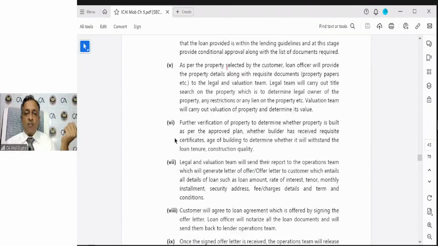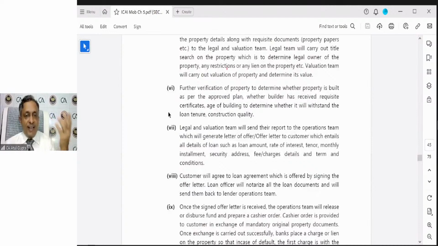Then further verification of the property to determine whether the property is built as per approved plan, the builder has received requisite certificates, and the age of the building, that is from experts. Again, you take help of experts for these technical validations. The legal and valuation team will send their report to the operations team, which will generate a letter of offer to the customer about the loan amount, the rate of interest, the tenor of repayment, the monthly installments, and all details.